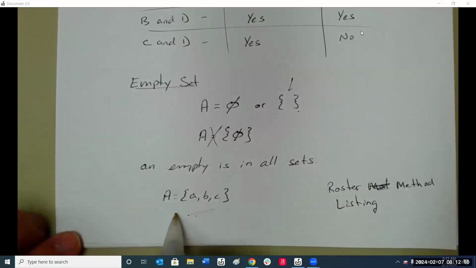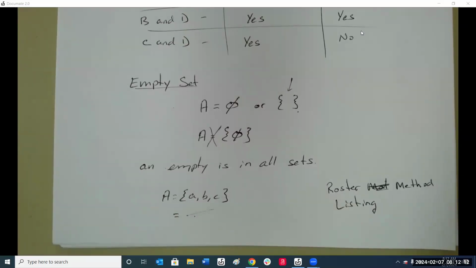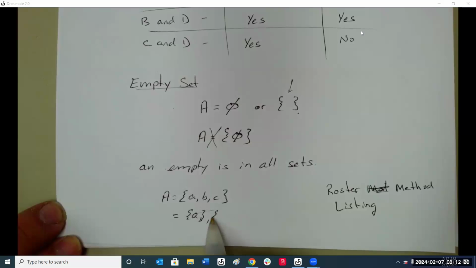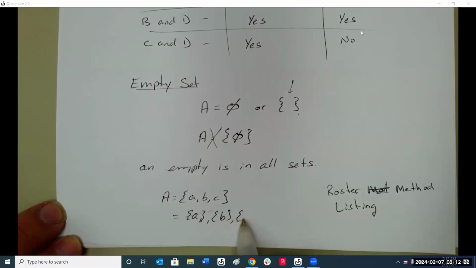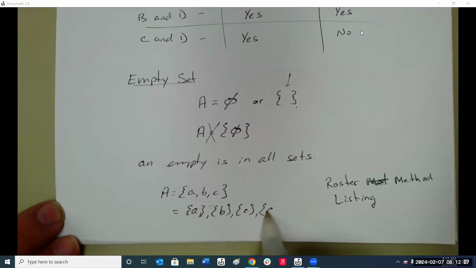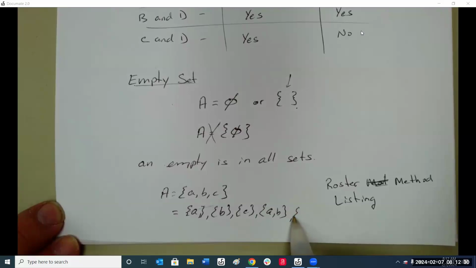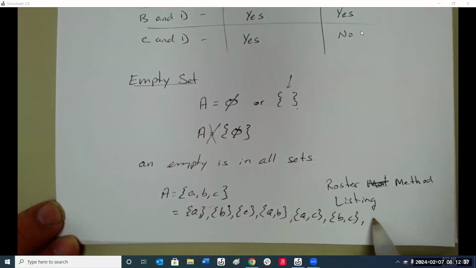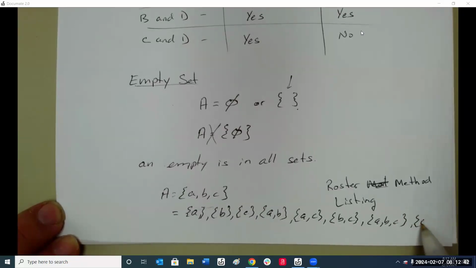If I was to list the elements of A, I would put A is in there, B is in there, C is in there, A and B are in there, A and C is in there, B and C is in there, A, B, C is in there, and also the empty set is in there.